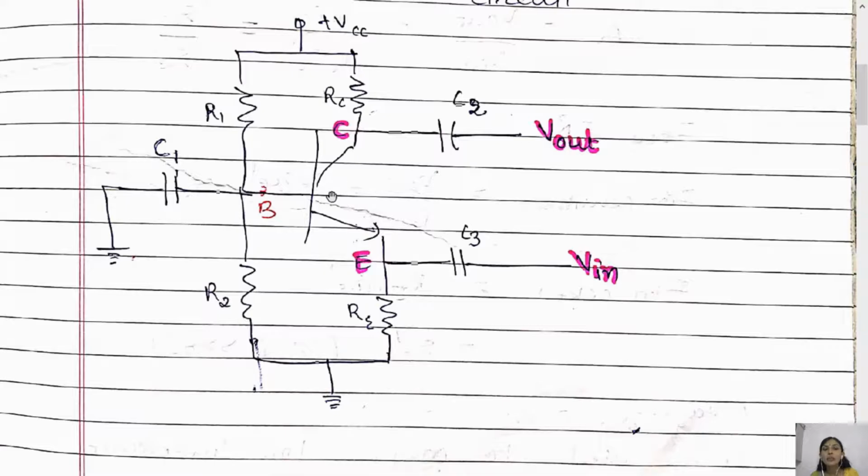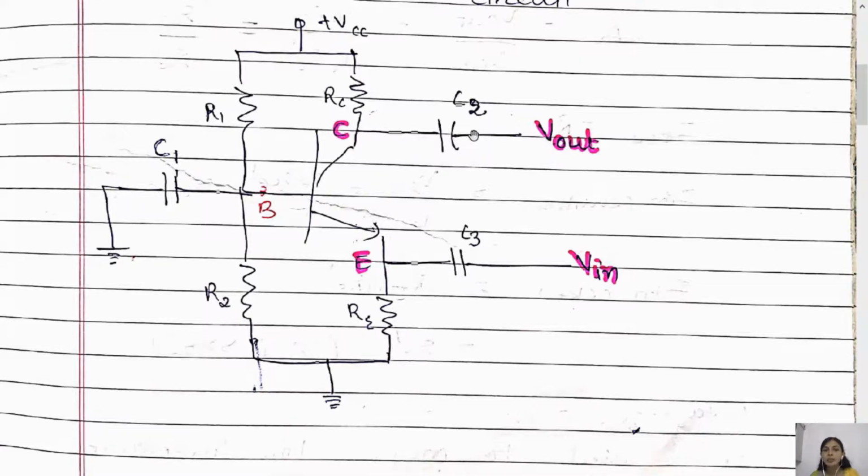Now the remaining two terminals, emitter and collector. We will apply the input signal or source Vin to the emitter terminal through the C3 capacitor. Similarly, we will collect the output Vout signal through the C2 coupling capacitor from the collector, right?